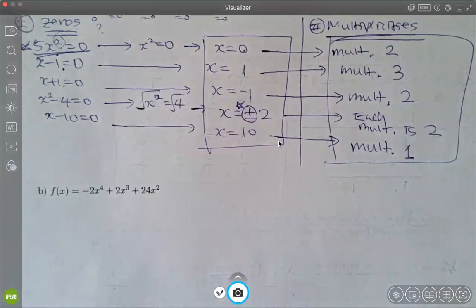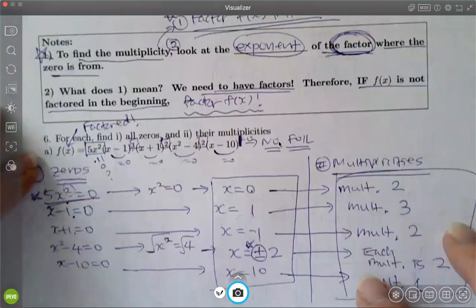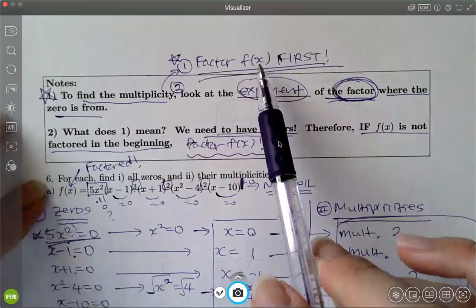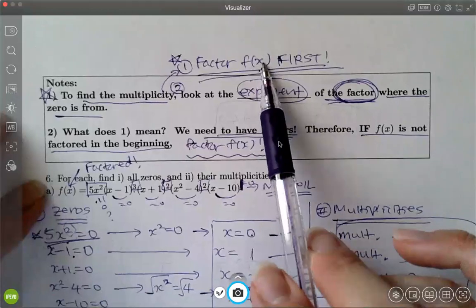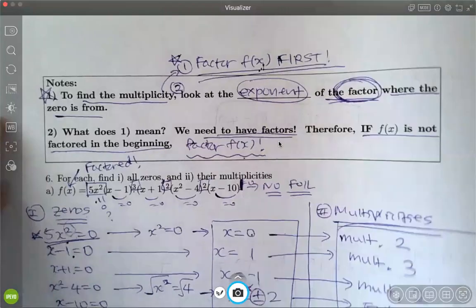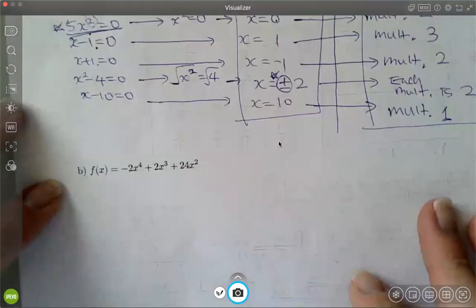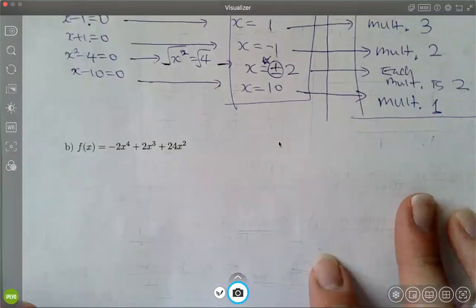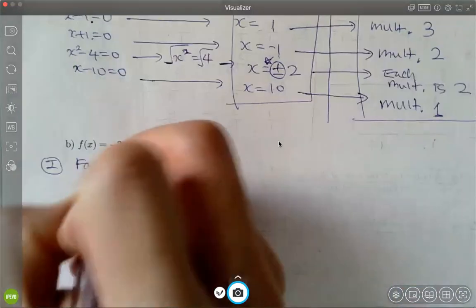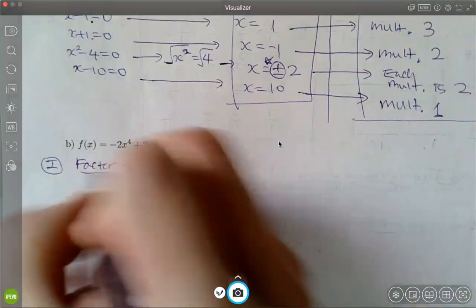No. And why not? Even though we look at the exponents, remember, what do we first have to verify? Is f of x factored? If not, you have to factor it first, right? So what must be step number 1? Factor f of x. That must be the first step.